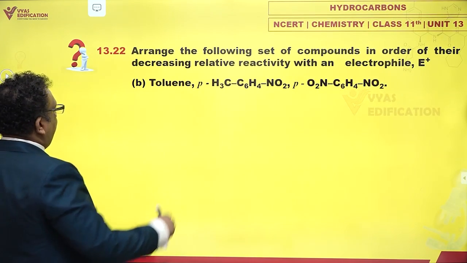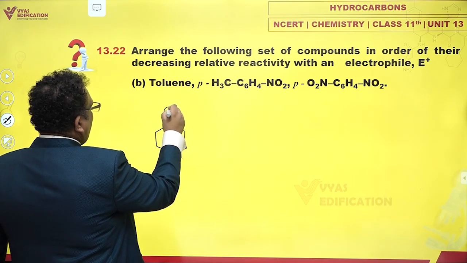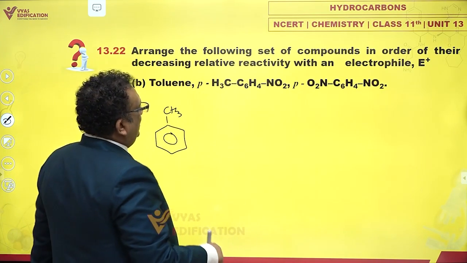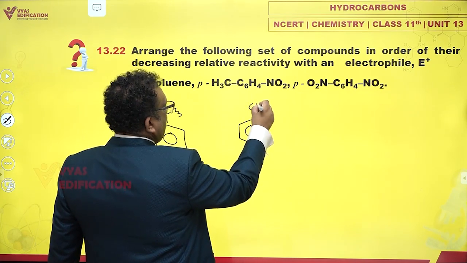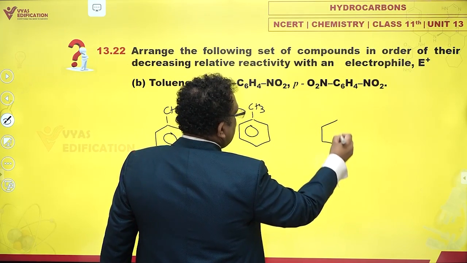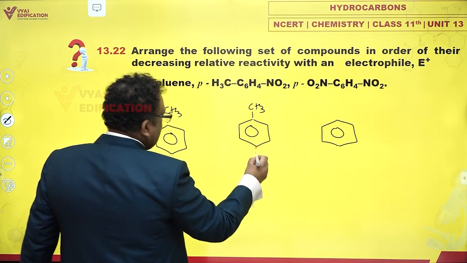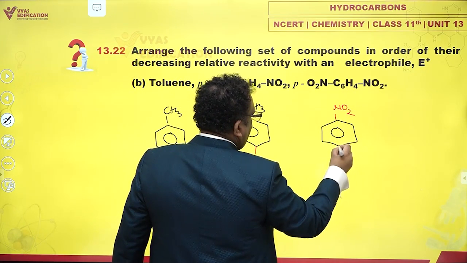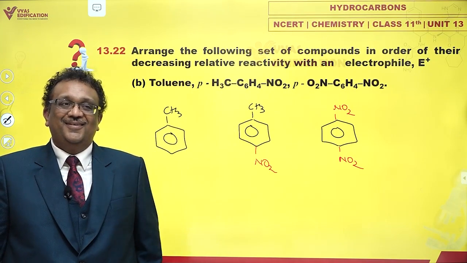You have a second example. You have a lovely toluene, beautiful electron rich benzene ring and slightly electron releasing methyl group, lovely as they are. We have the same toluene, but now there is a villain. Who's the villain? The villain is a nitro group.